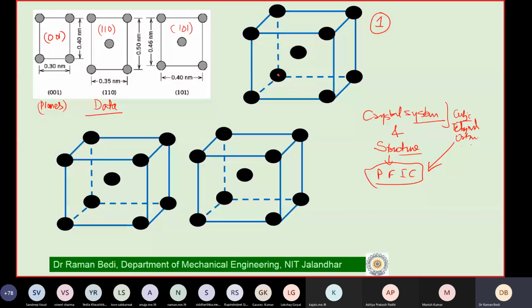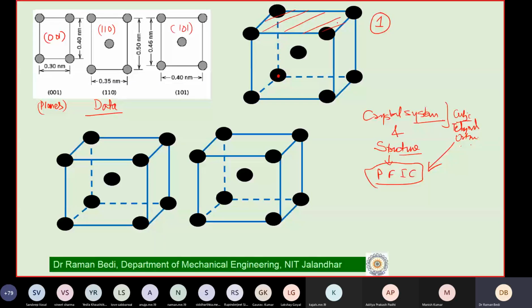So if you take the origin at the bottom, at this last corner here, the 0, 0, 1 plane will be which plane? Sir, the top plane, this plane. Yes, sir.